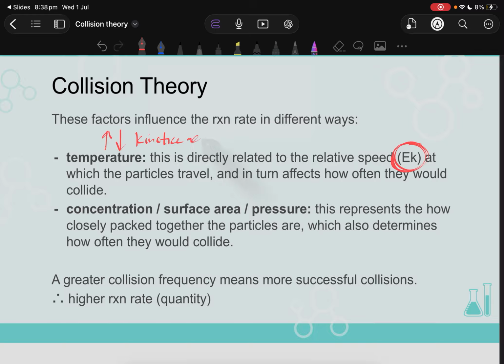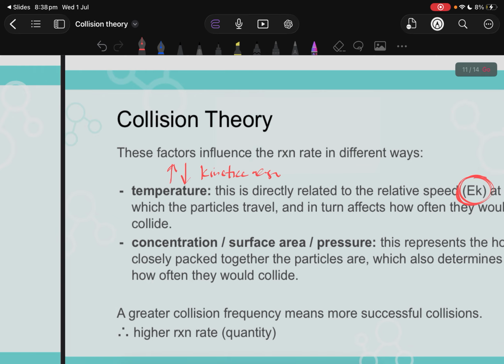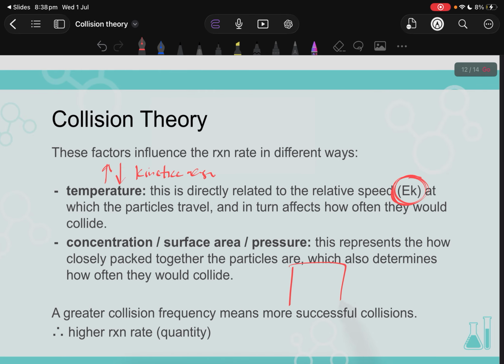The rest of them don't do that. The rest of these just increase our collision frequency because they're able to meet more often, right? Just because they're packed in, or maybe there's more of them, they're able to meet more often. Kinetic energy is the only one that's linked with temperature.